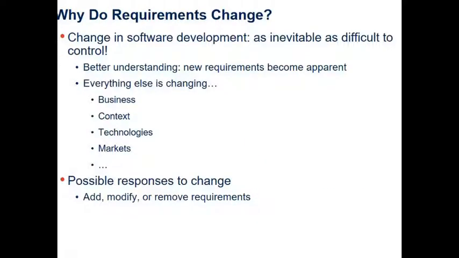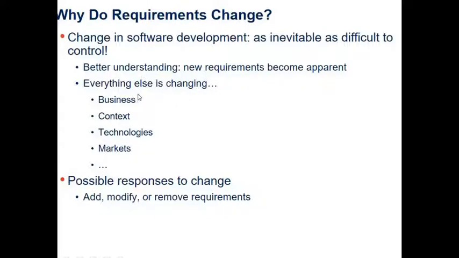Why do requirements change? Change in software development is as inevitable as it is difficult to control. As we gain a better understanding of the system, its context, the business, and the people who are involved, the stakeholders, new requirements become apparent.